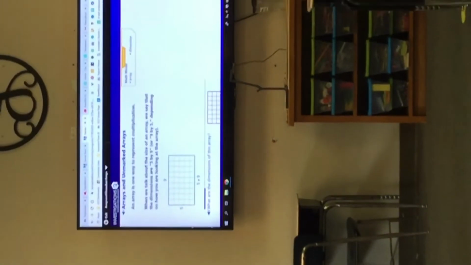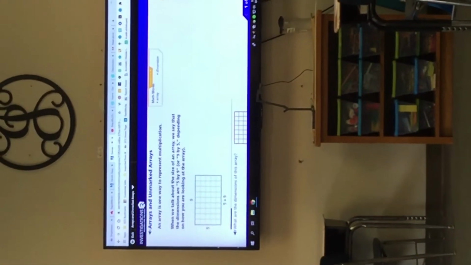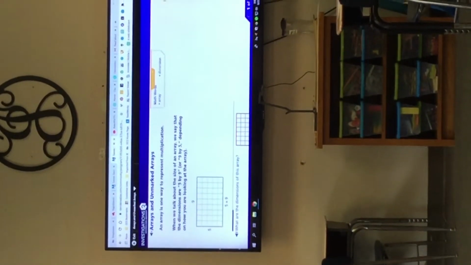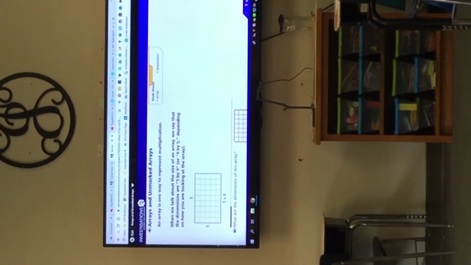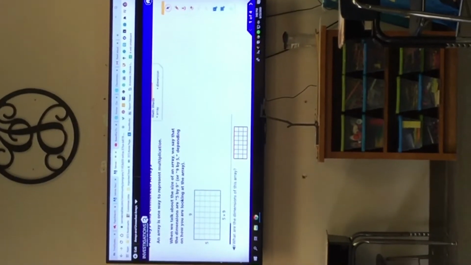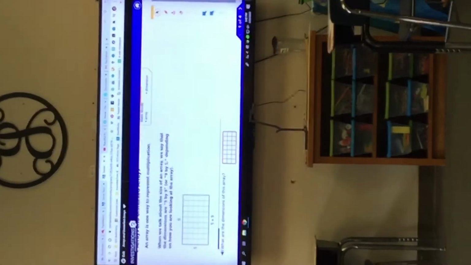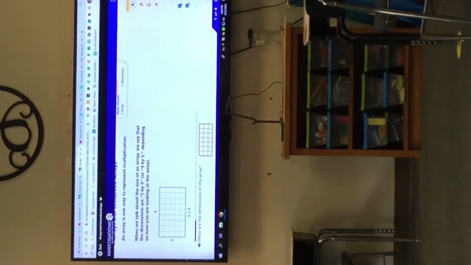The good news is that it'll read it to us. Arrays and unmarked arrays. Math words: array, dimension. An array is one way to represent multiplication. When we talk about the size of an array, we say that the dimensions are 5 by 9 or 9 by 5, depending on how you look at the array.